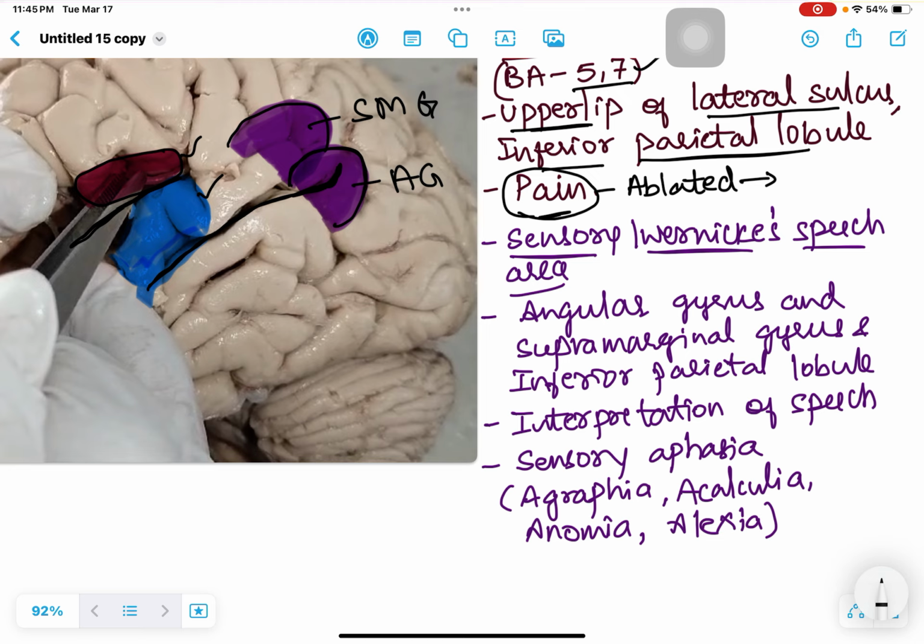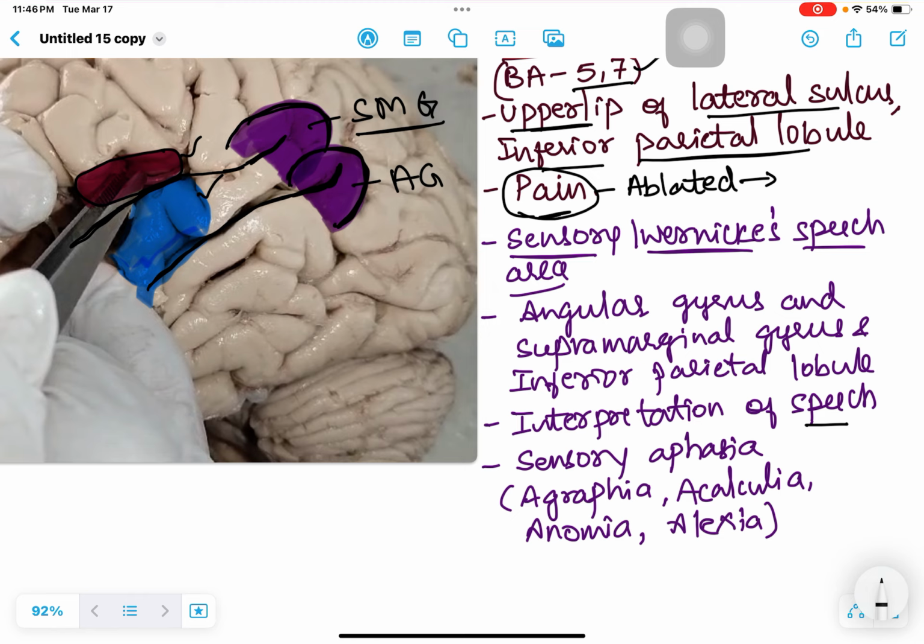Around that there is a gyrus, that is the angular gyrus, and the lateral sulcus runs into the inferior parietal lobule. Around that there is a gyrus, that is the supramarginal gyrus. These two are responsible for sensory speech, that is interpretation of speech, understanding what they are talking, reading of any language, everything is under the control of this area.